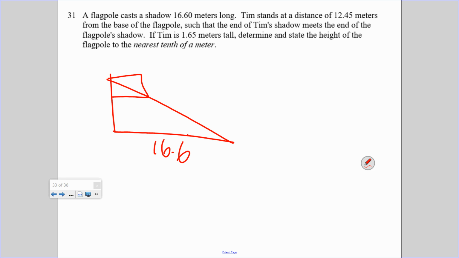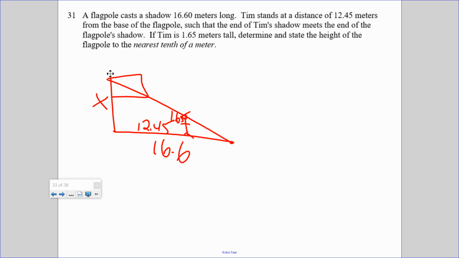So here's Tim, and he's 12.45 from the base of the flagpole. And Tim's shadow meets the end of the flagpole shadow. This is what we have here. Tim is 1.65 meters tall. Determine the height of the flagpole.